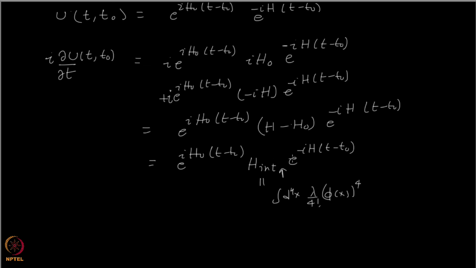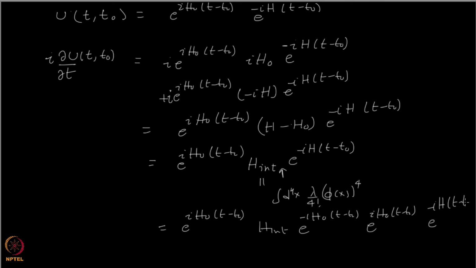So that's the factor I am going to insert in here, and I get the following: the interacting part of the Hamiltonian, then you have e to the minus iH0(t - t0) e to the iH0(t - t0). So that's identity. I have done nothing, that's multiplying by 1, and you have then e to the minus iH(t - t0).